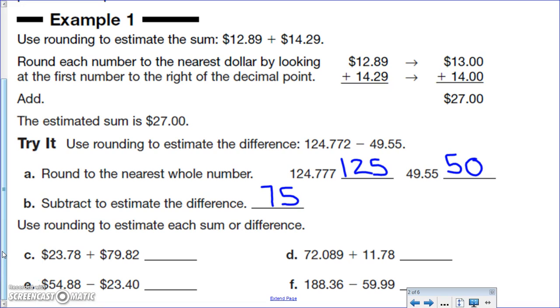So for C, we're going to round $23.78 to $24. And then we're going to round $79.82 to $80. Then 24 plus 80 gets us $104.